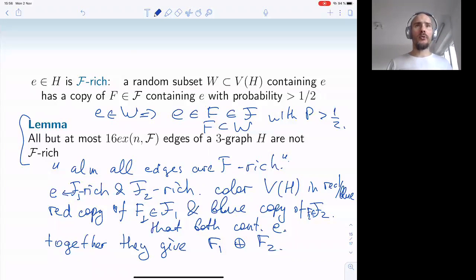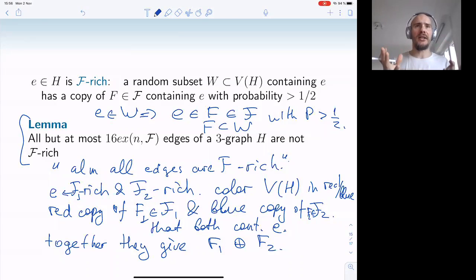On this random subset, you form a hypergraph that consists of all the edges that do not lie in a copy from F. So you pass to a random subset and look at all the edges that are not in a copy of a hypergraph from F. Because of this negation of richness, these two things are well related. This hypergraph, on the one hand, cannot have size more than the extremal number, because any hypergraph with more than the extremal number of edges would have a copy of F.